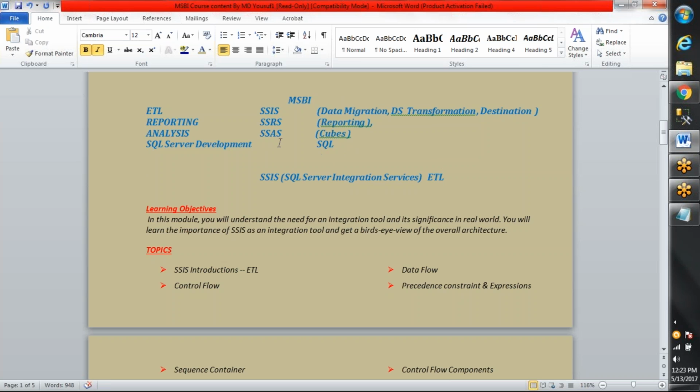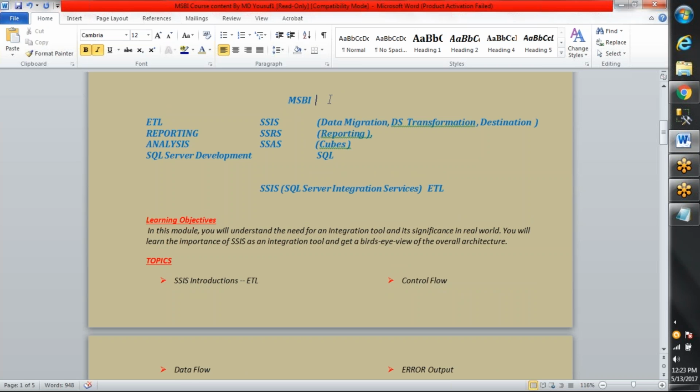The good thing is, guys, you don't have to struggle much in terms of database, because whenever an MSBI developer is asked, I would say 90% of the time, it is for SQL development, not for any other development.